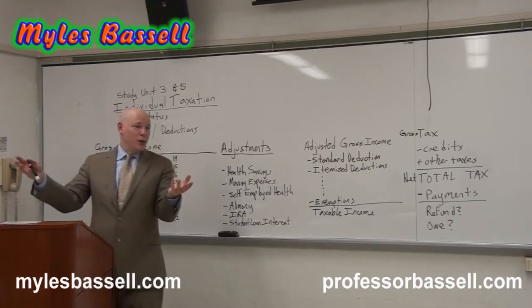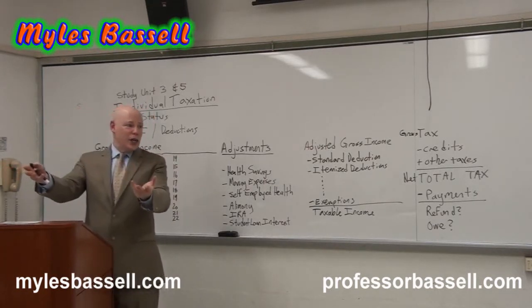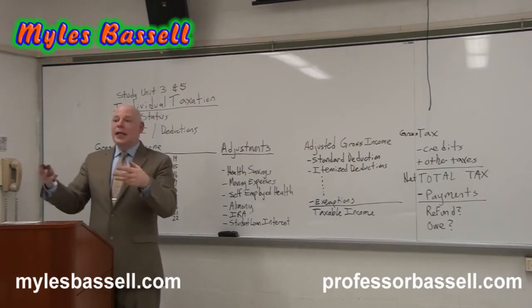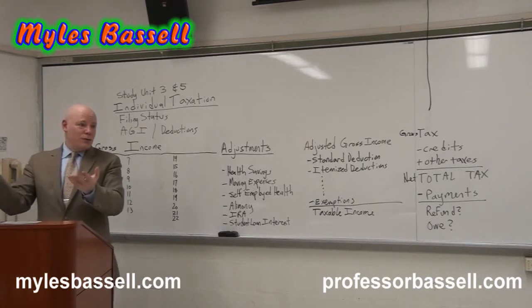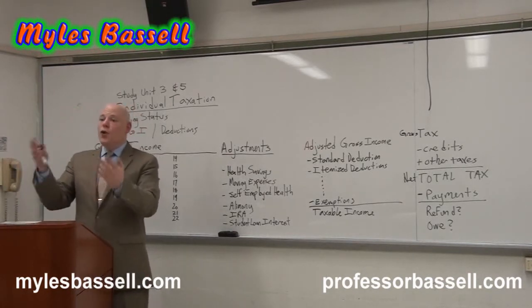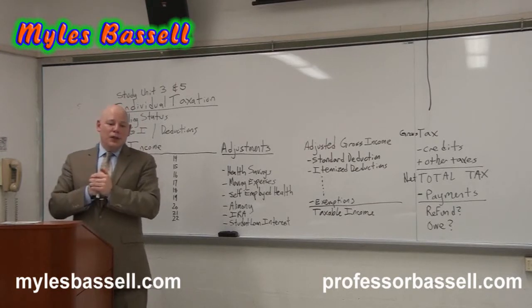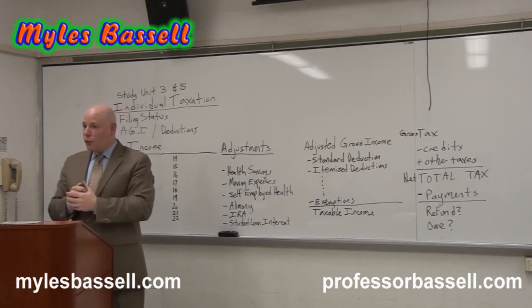Somebody is shoveling the snow. Well, if you pay to have those services done to maintain the property, then that's an expense. If you do repairs, so let's say, for example, if you have to replace your furnace, that's an expense for that rental property.